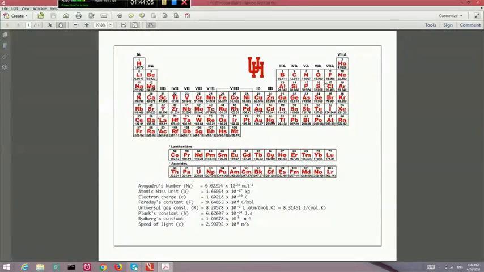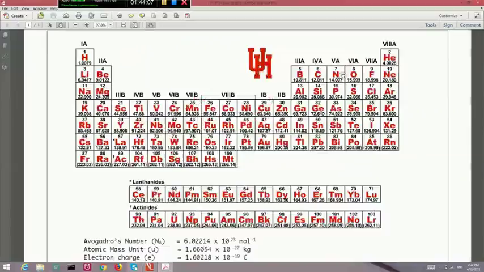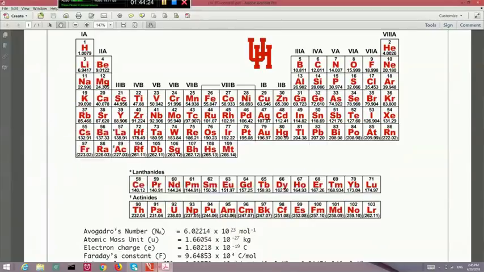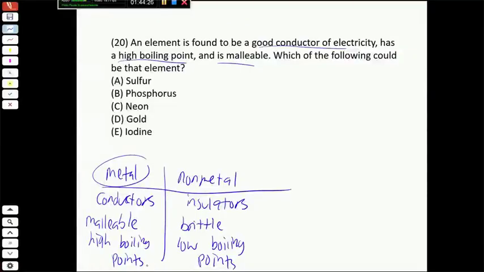So sulfur, phosphorus, neon, and iodine are all clearly nonmetals. Those are four nonmetals. Gold is the last one. It's in the transition metal series, but all those are still classified as metals, of course. It's to the left of the staircase, so this is the metal that we have. The correct answer would be D, which is gold, because it's the only one of these that's a metal, which means it's the only one that we would predict to have those properties.